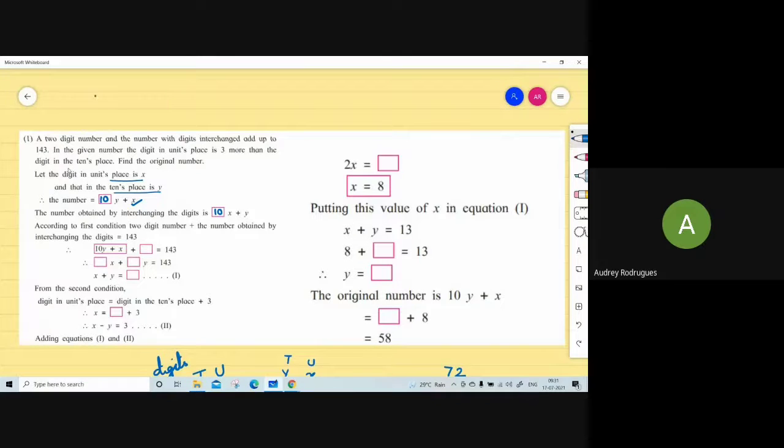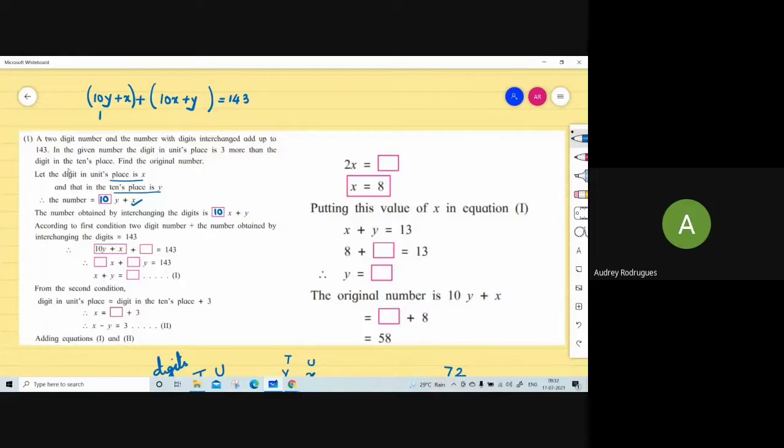One number is 10y plus x. The other number we have to add. So which was the other number? Interchange: 10x plus y. Vedant: 10x plus y. Is equal to 143.